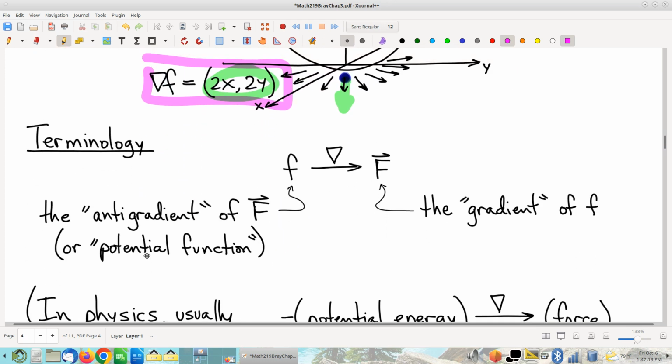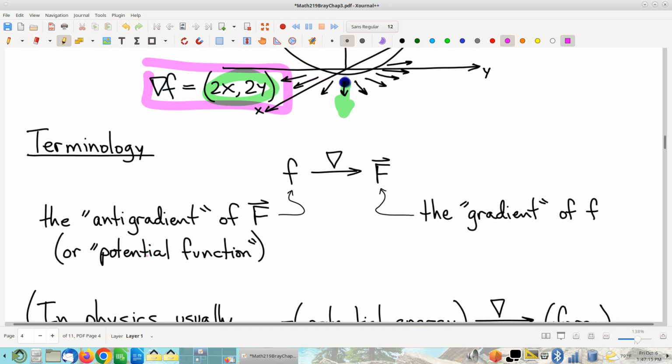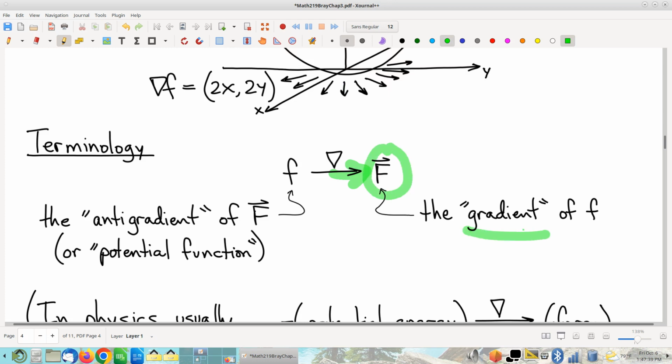Okay, now a bit about language. Y'all remember, I assume, from Calc 1 classes that there is this thing called a derivative, and when you reverse it, that's called an antiderivative. So I propose the following. If you are taking a gradient of a function, the thing that results should be called the gradient, of course.